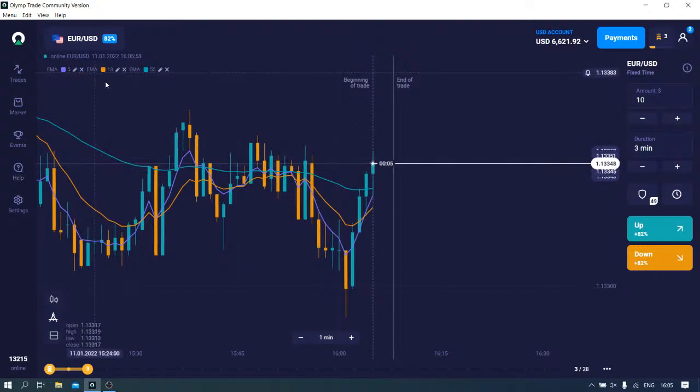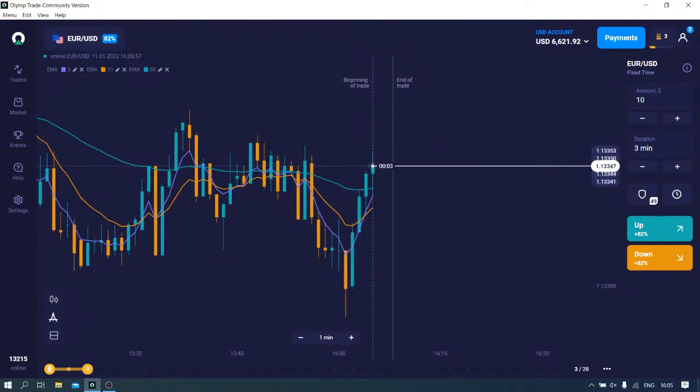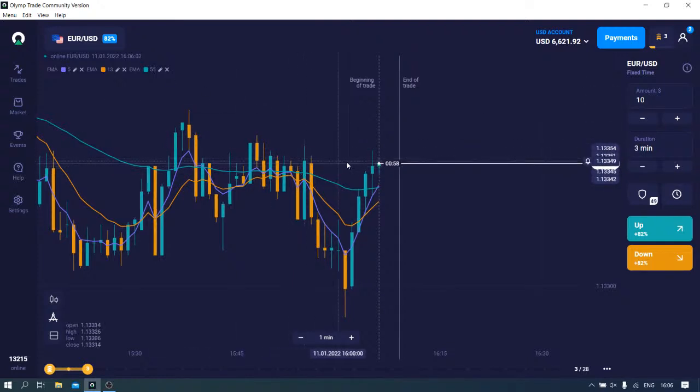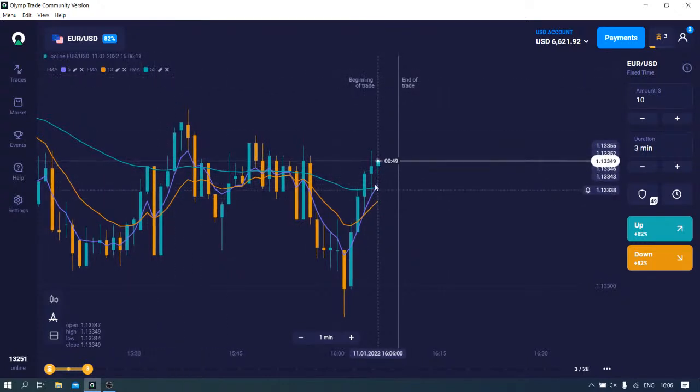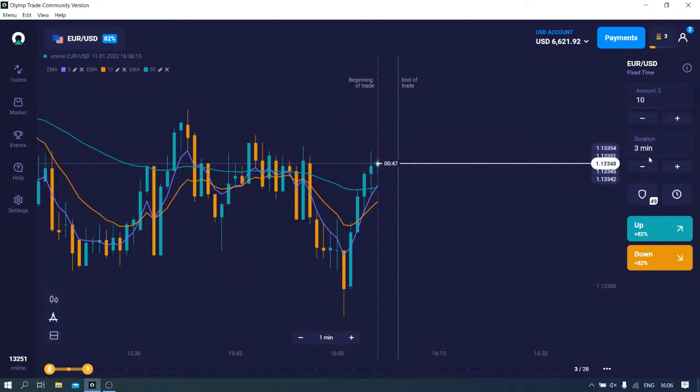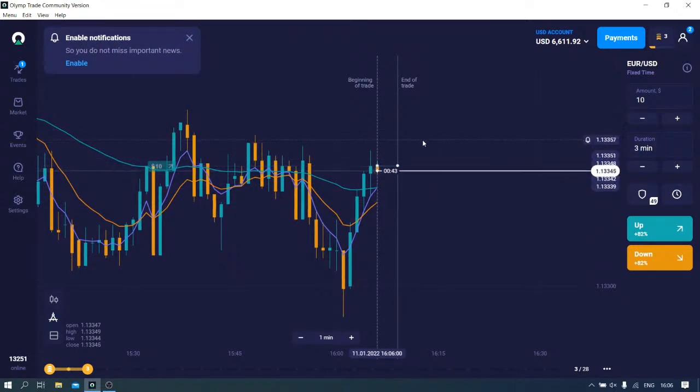So as you can see from the description or description video, whenever EMA with a period of 5 crosses one of the rest EMAs, either EMA 13 or EMA 55, then we have a signal in a proper direction. For example, right over here, EMA 5 crossed EMA 55 from bottom to top. So basically, this is a good signal for opening a trade in upwards direction.